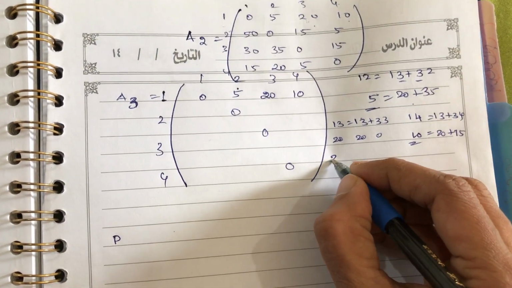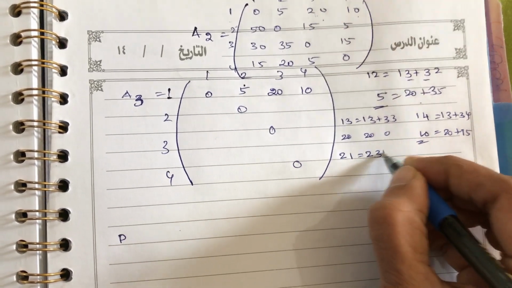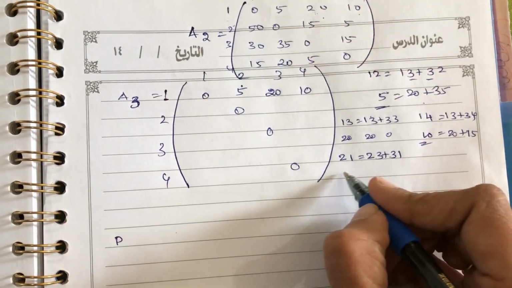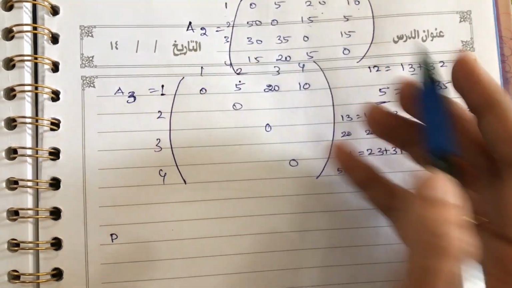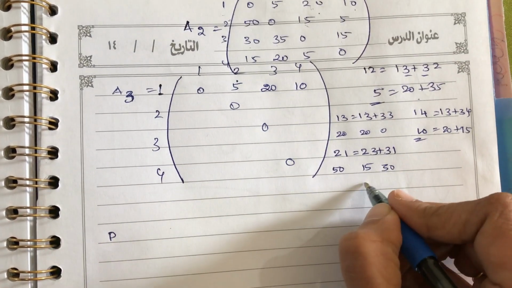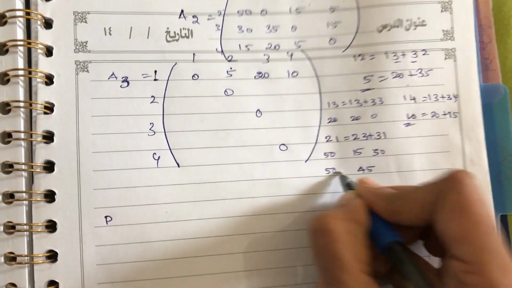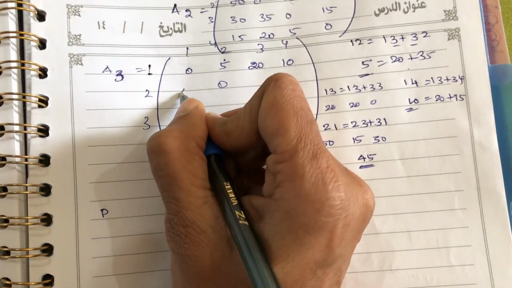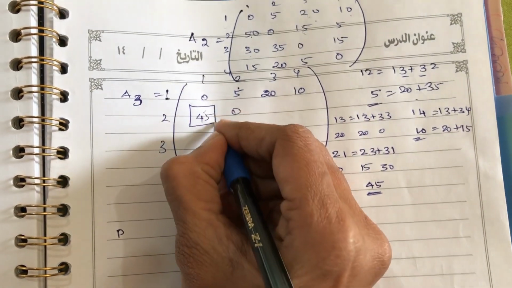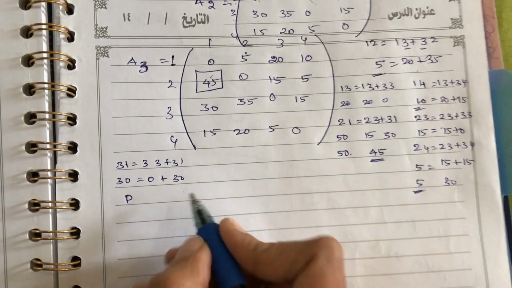Then when you go for 2,1, it is 2,3 plus 3,1. 2,1 is 50, 2,3 is 15, 3,1 is 30. So here you will get 45 and here you will get 50. This is your minimum, so take 45. There is a change in this 50 and 45, so just have it as such. When you calculate, you can find it.